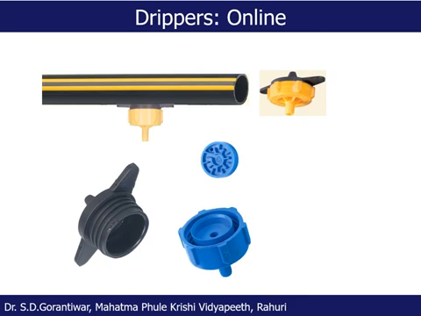I will show the picture of the inline emitter later on. In the case of the online emitter, there are the laterals, and on the laterals the emitters are mounted. In fact, the emitter comes separately and the lateral comes separately. We have to procure laterals and emitters, and then mount the emitters on the laterals by making holes in them. So this is the online emitter.